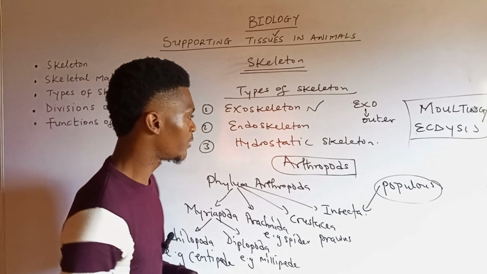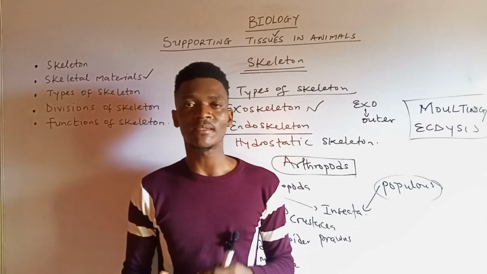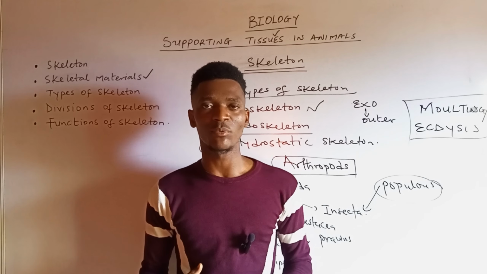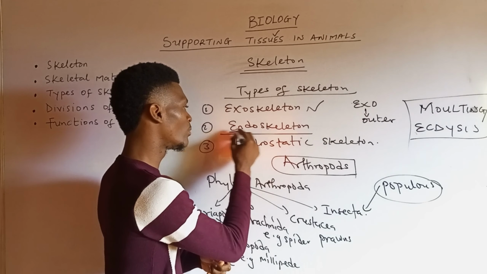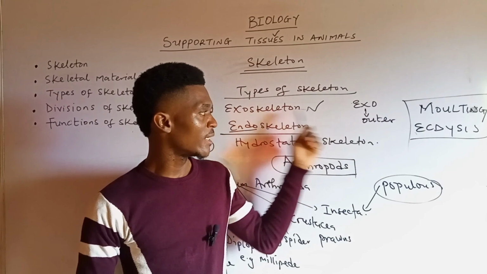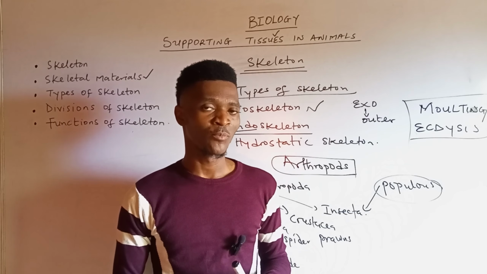So let's move on to endoskeleton. Endoskeleton is the skeleton that is present in the inner part of organisms that possess it. The word endo stands for what? Inner. Remember I said exo stands for what? Outer. So endo is inner.